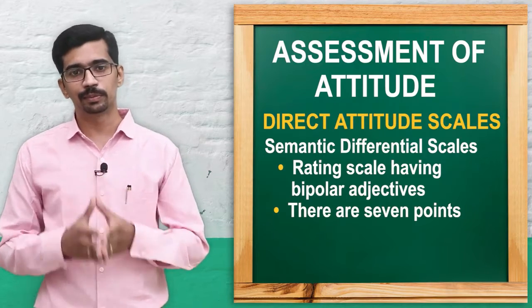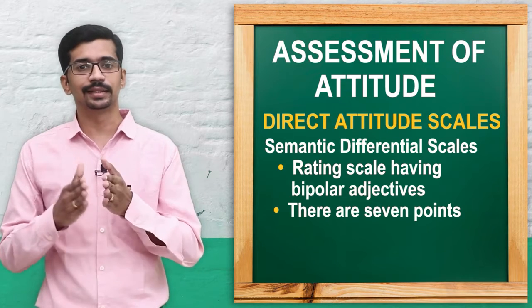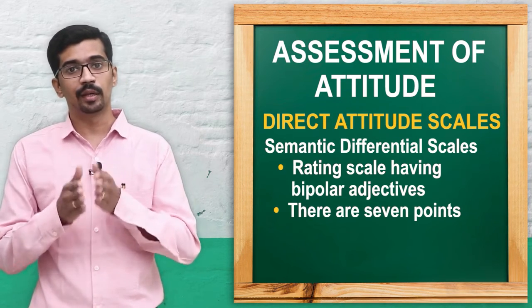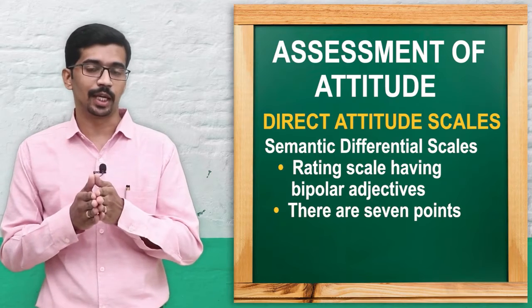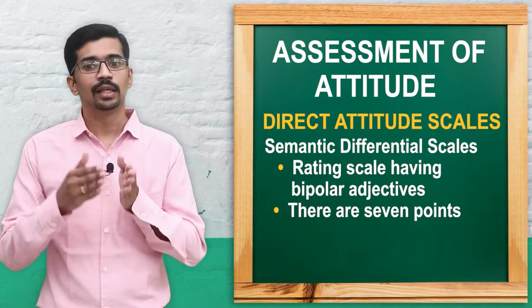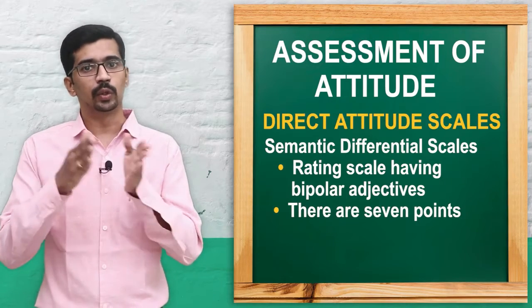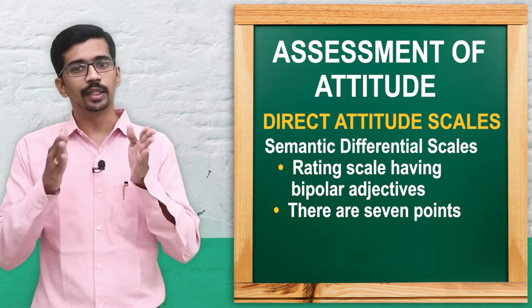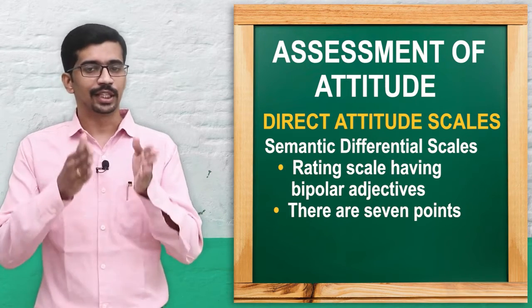This particular scale is a rating scale which has bipolar adjectives. For example, strong or weak, good or bad. In between, they give 7 points.